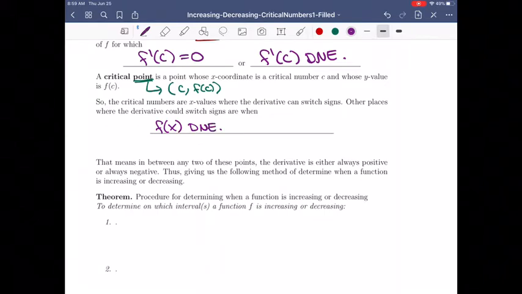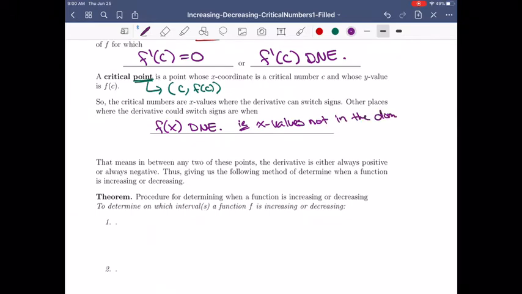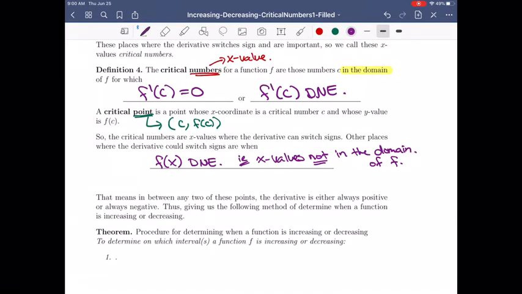What this means is the x values that are not in the domain of our function. These cannot be critical numbers because they're not in the domain. The critical numbers are always in the domain. These ones are not. So these are the things we want to watch out for.